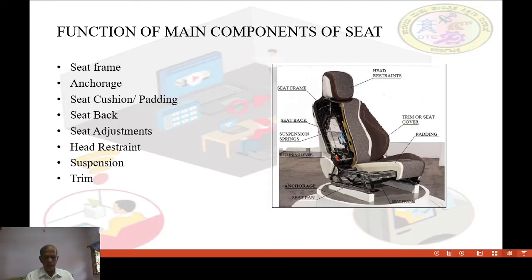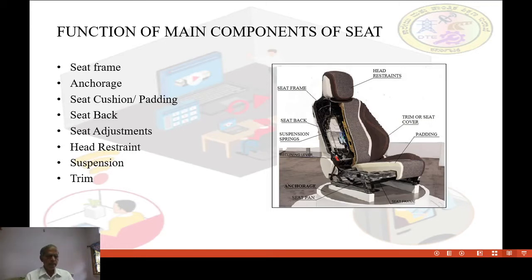Angle of seat back can be adjusted with help of back reclining mechanism. Next, seat adjustments. It includes height, fore and aft as well as back reclining adjustment. Seats are used to adjust height, fore and aft distance and angle of back respectively.